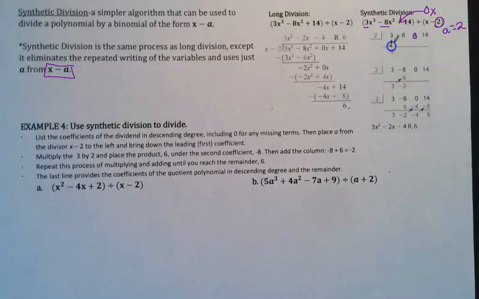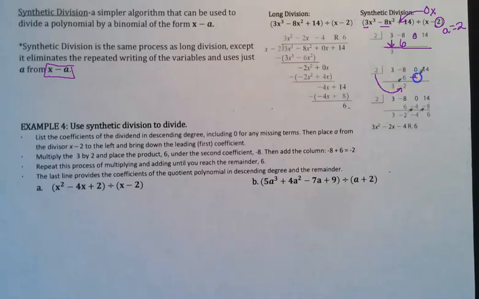Okay, so we bring our 3 down below the line. And so we say, what is 2 times 3? Well, 2 times 3 is 6, so we write that number here. Then -8 plus 6 leaves me with a -2. So now I'm going to say, what's 2 times -2?